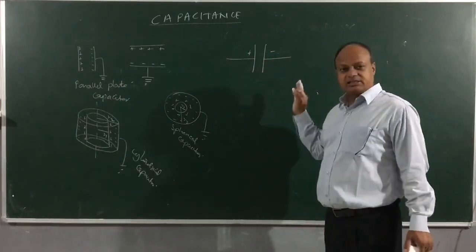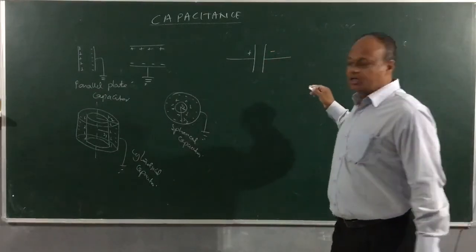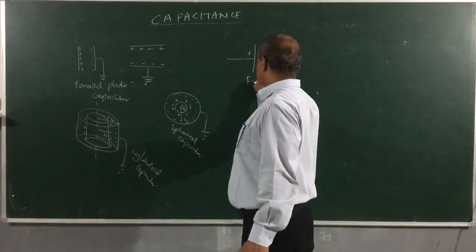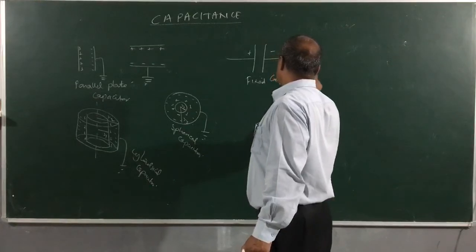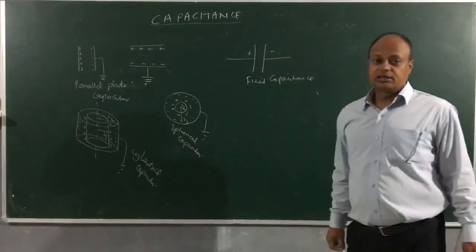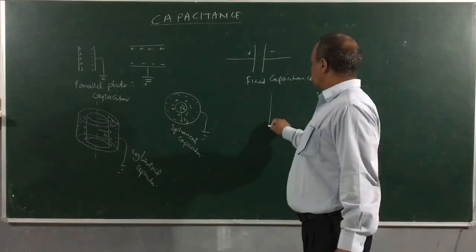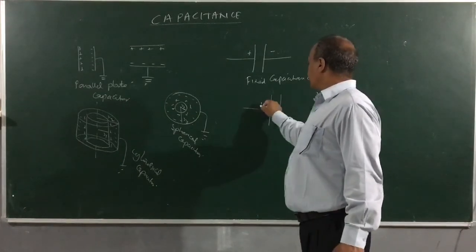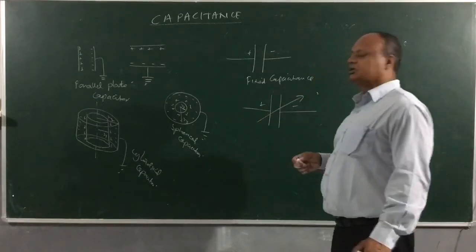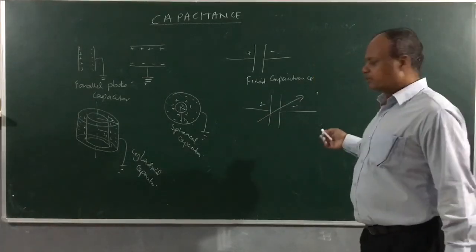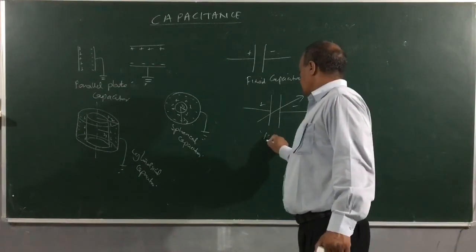If it is given like this, we will always understand it's a capacitor and it's fixed capacitance capacitor. However, children, if we draw two plates, one plate will be positive, the other plate being what? Negative, and see another going through it. It is also a capacitor, but it's a variable capacitance capacitor.